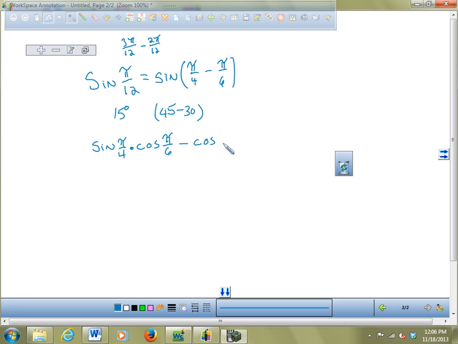So it goes sine, cosine, cosine, sine: cosine of pi over 4 and sine of pi over 6. So it goes alpha, beta, just like that. Sine of pi over 4 is root 2 over 2. Cosine of pi over 6 is root 3 over 2, minus root 2 over 2 times 1/2. And you get root 6 minus root 2 over 4.